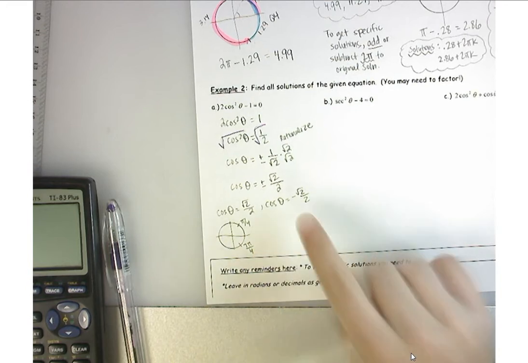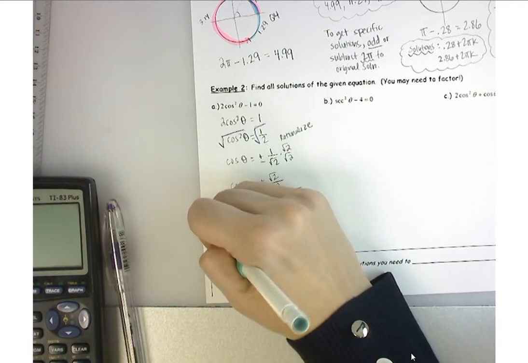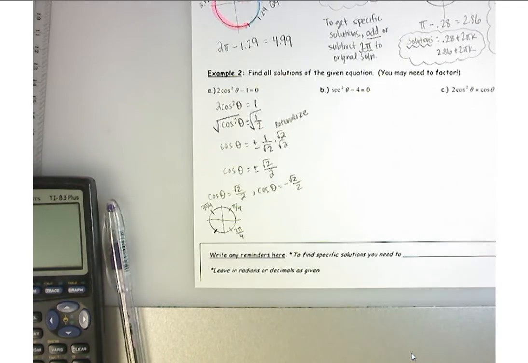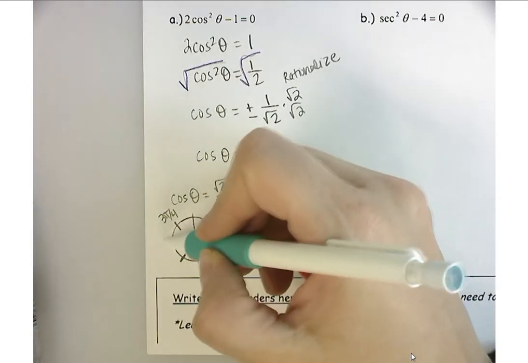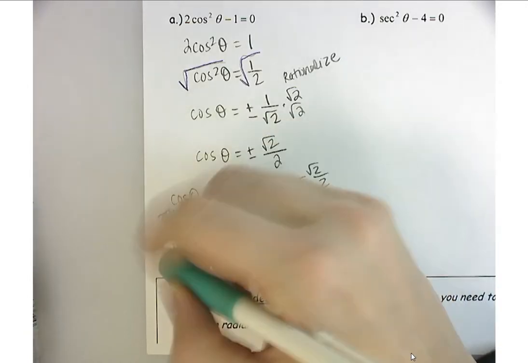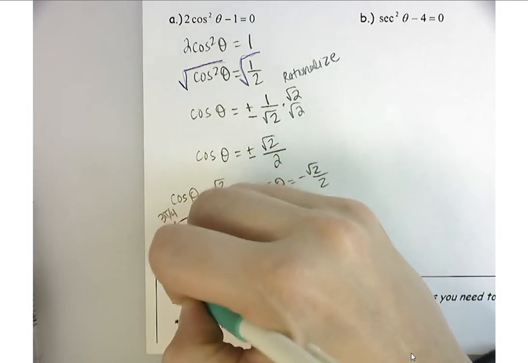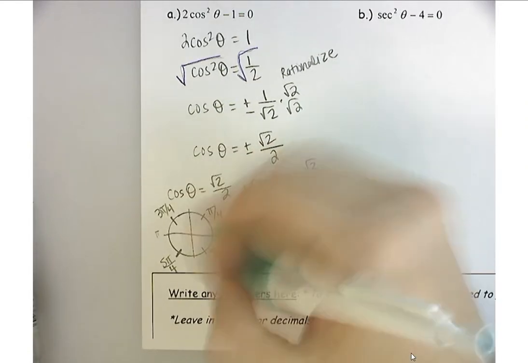Okay? Then the negative values are going to be here, which is at 3 pi over 4. And then here. If you don't have these memorized, really all I'm doing is thinking of this in terms of you have pi here, and if you added a quarter, you get 5 pi over 4. Right? So then I have these four answers.